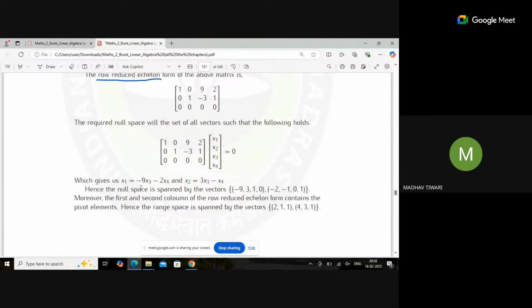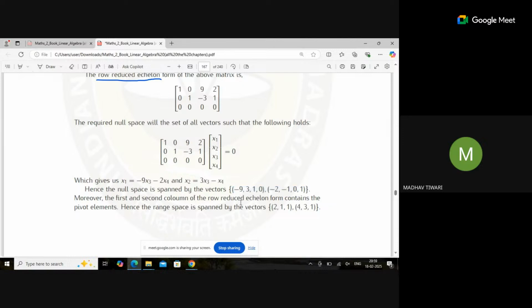Then we put some standard values to them: firstly giving only one variable the value 1 and all other independent variables 0, and in the next case giving the second independent variable the value 1 and the other the value 0. Then we got the value of x1 by using this formula, and by using this equation we got the x2 value. So we wrote it here. So this is basically the null space, or rather a basis for the null space.